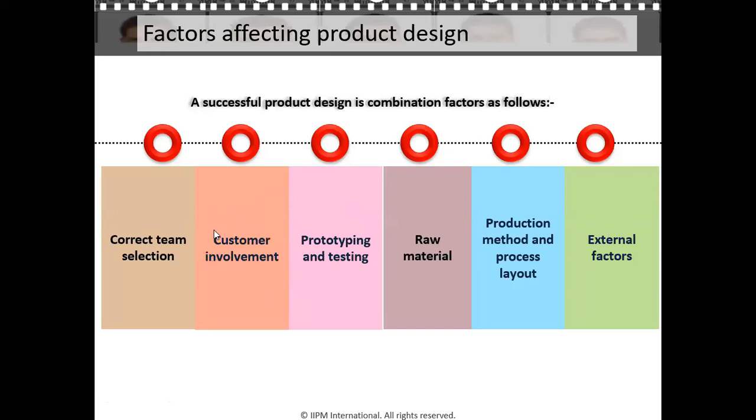Now, before the 20th or 21st century, the kind of production process we had was a batch production process, a mass production process, continuous production process. Customers were not really involved. Before now, we didn't talk about customer experience.